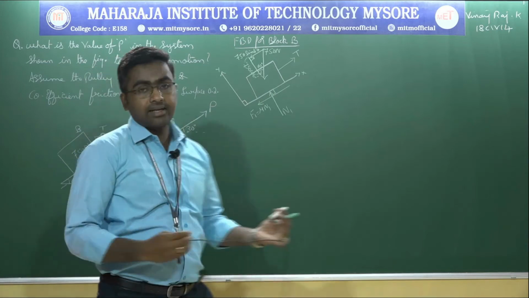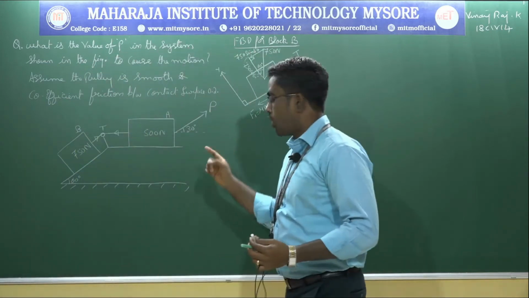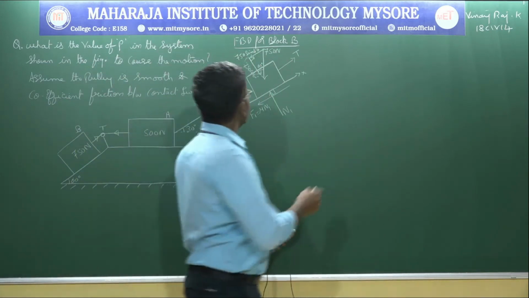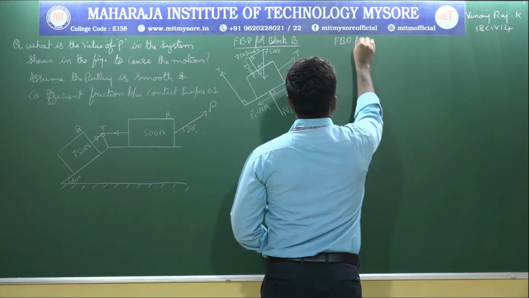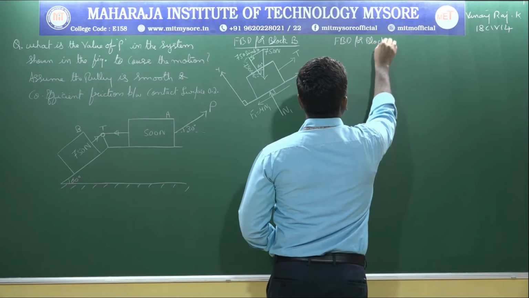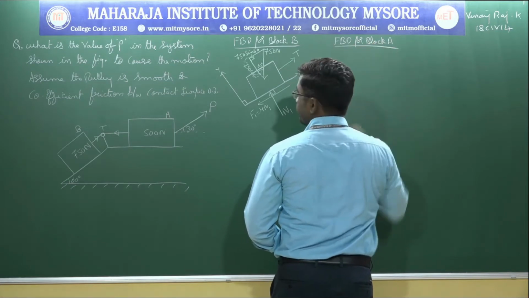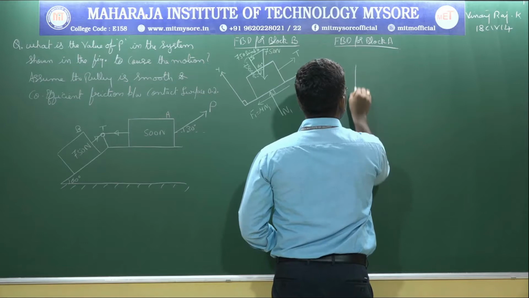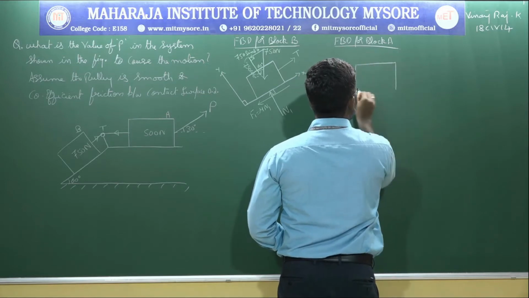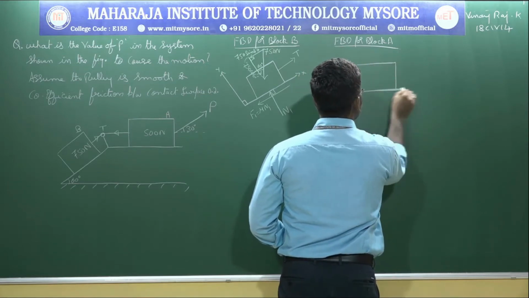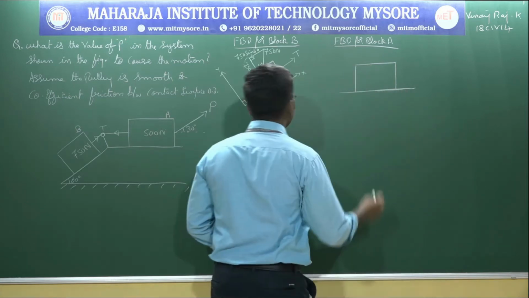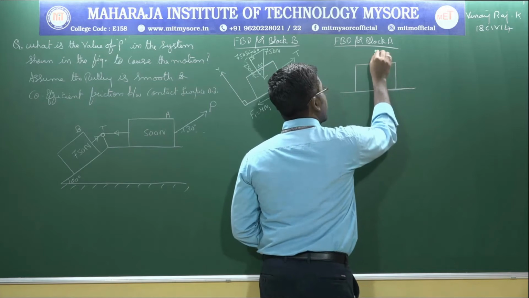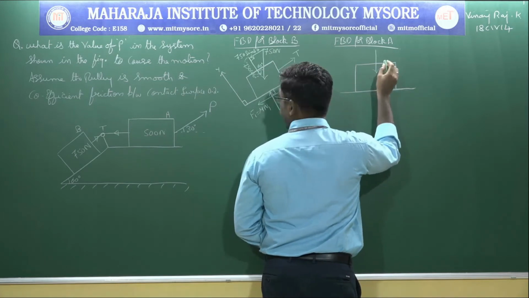Now let us write the free body diagram for block A. It is resting on the horizontal surface, right? 500 Newton is the self weight, acting vertically downwards.